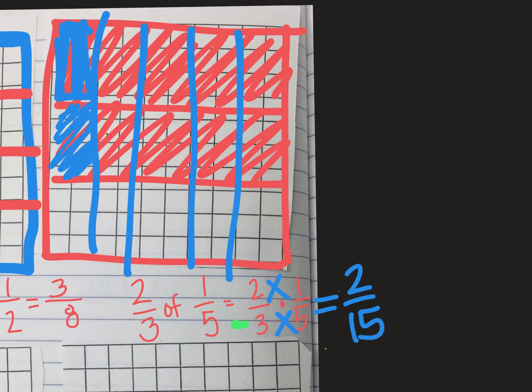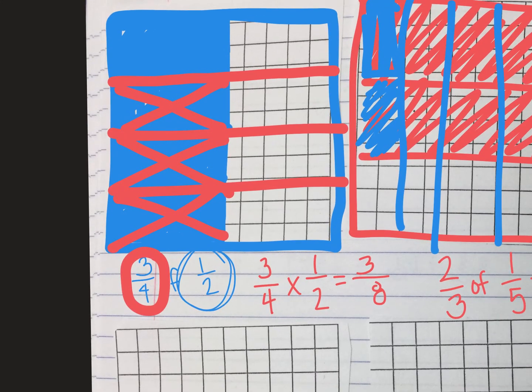And if you notice over here, 3 times 1, 4 times 2. Ooh. Hint, hint.